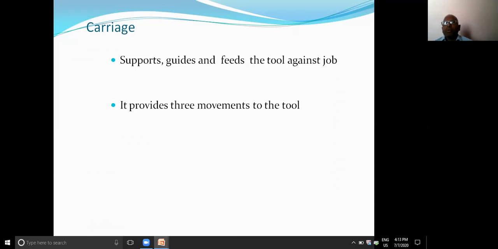And if the cutting tool is required to move in an inclined position, or at a particular angle to the axis of rotation of the job, in that condition the position of the carriage and the cross slide are both locked at a particular position. So now by moving the compound rest, the cutting tool moves in the inclined position.